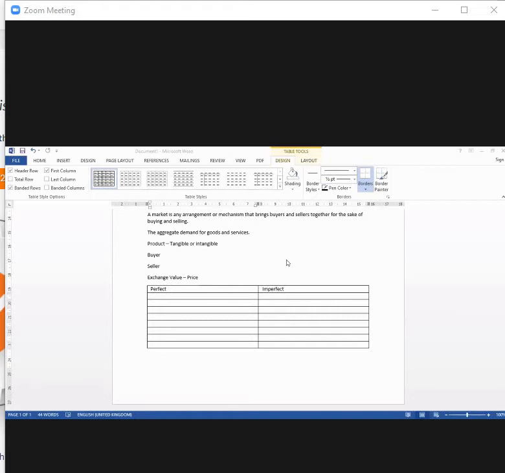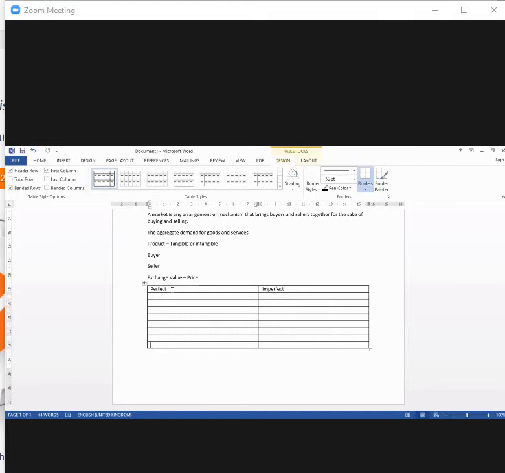So when a market is said to be perfectly competitive, it means all barriers, all restrictions, all inhibitions to competition are removed. So a perfect market is a market where all inhibitions, all barriers, all restrictions to competition are removed.